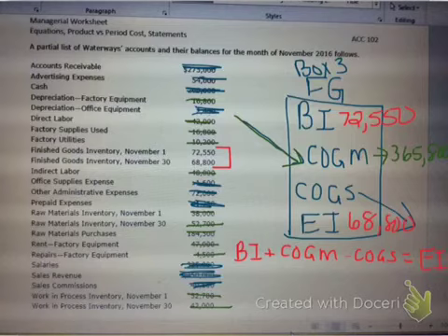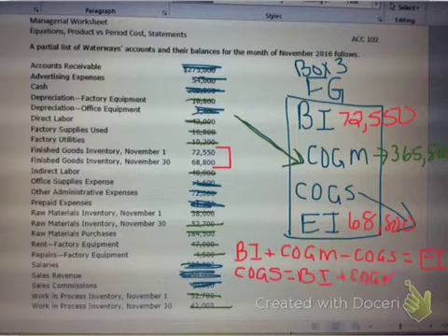And this equation also could be transformed, and I did simple algebra, and I can get cost of goods sold equals the beginning inventory plus cost of goods manufactured minus the ending inventory.